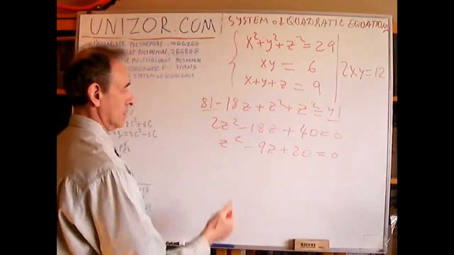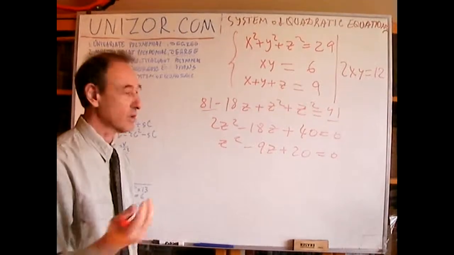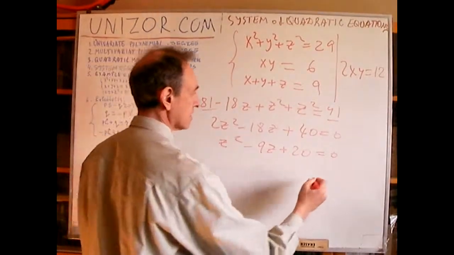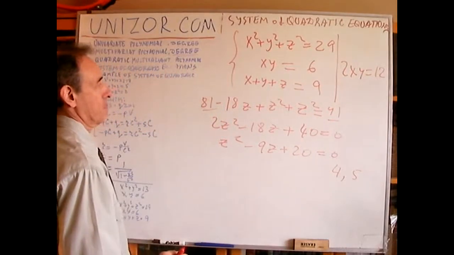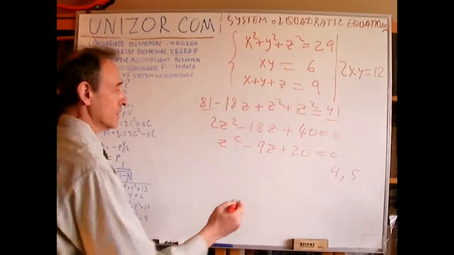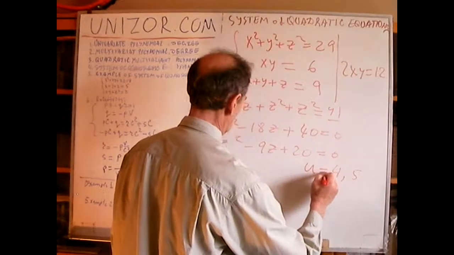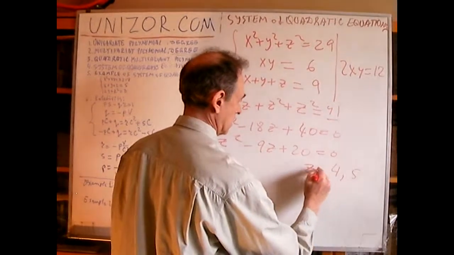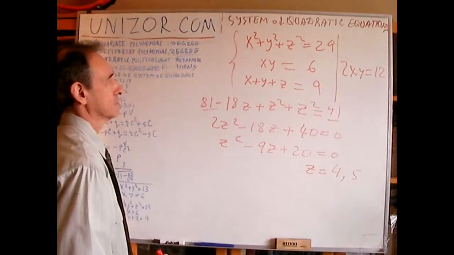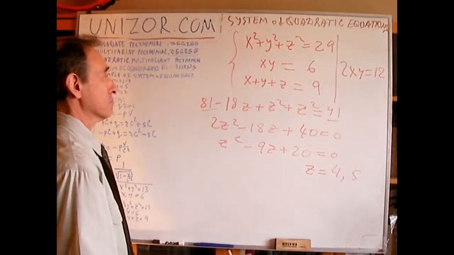Well, this is a quadratic equation. We can very easily solve it. I just see that the roots are 4 and 5. So z is equal to 4 or 5. All right, that's much easier.